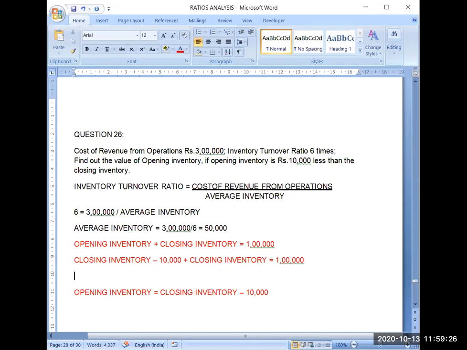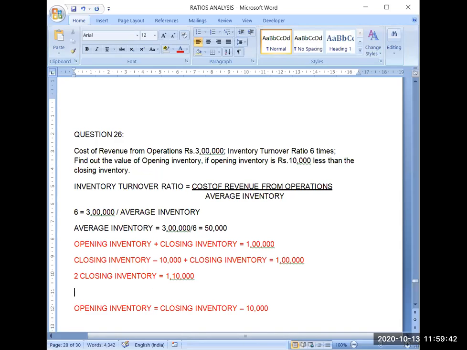So this way the value will be 2 closing inventory because we have added closing inventory 2 times. 2 closing inventory is equal to 1 lakh plus 10,000. It will become 1 lakh 10,000. And closing inventory is equal to 1 lakh 10,000 divided by 2. It will come 55,000.